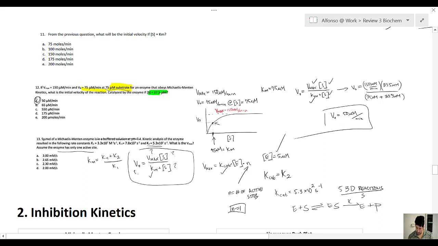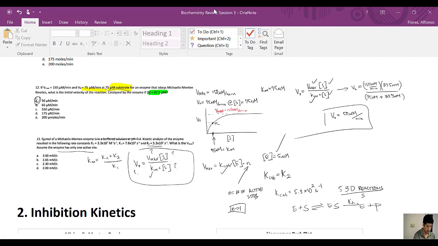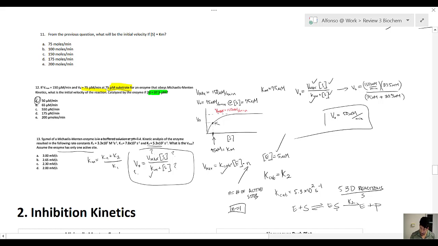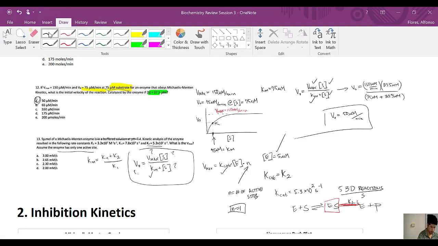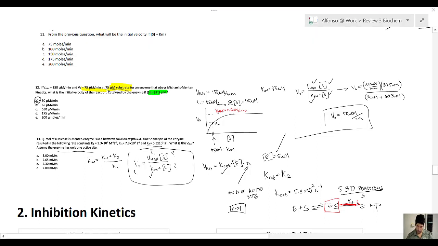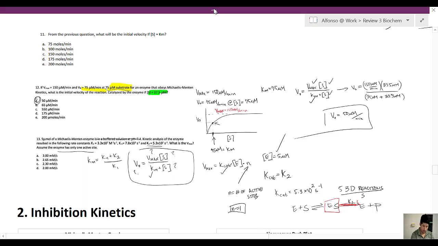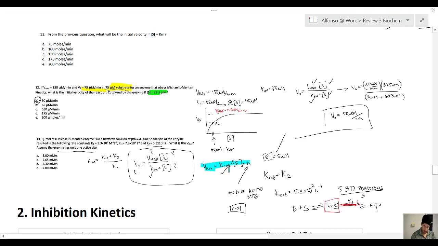You can visualize this as enzyme plus substrate forming enzyme substrate complex, and then enzyme plus product. This right here is your K2 or your Kcat. So we're going from here to here 530 times per second. We're forming 530 products per second.